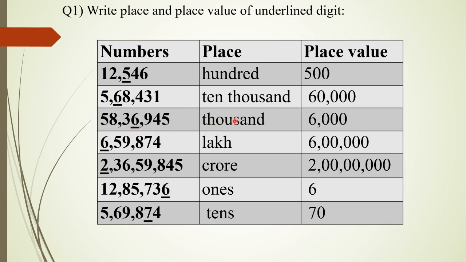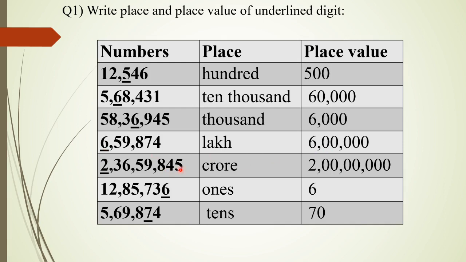So multiply 6 by 1000, we get 6000. Now in this number, ones, tens, hundreds, thousand, 10,000, and then lakh. So 6 is at lakh position, so you multiply by lakh, that means 6 lakh. This is the place value of the underlined digit 6.